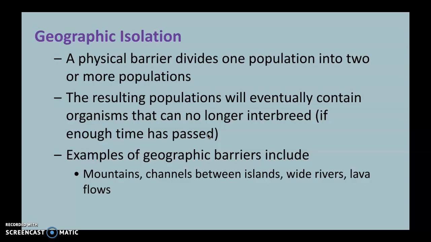As a result, those populations eventually start to contain organisms that aren't going to interbreed. And if enough time passes, they probably never will again. So some examples of that are mountains, rivers or channels in between islands, all of that stuff. Lava flows can be set down and cause a barrier as well.